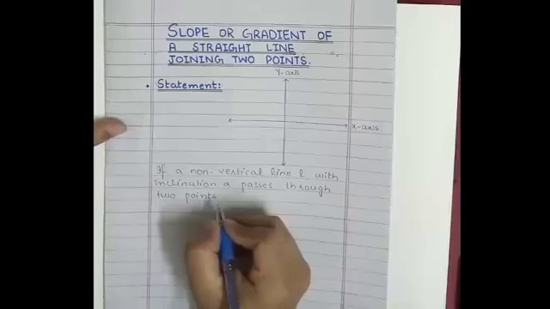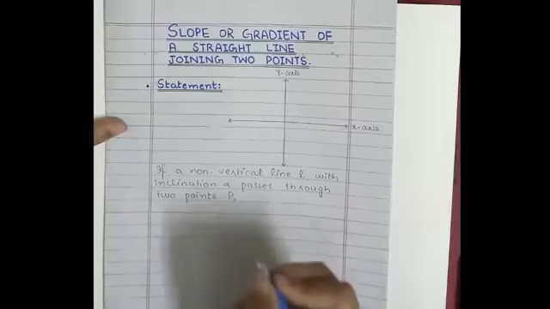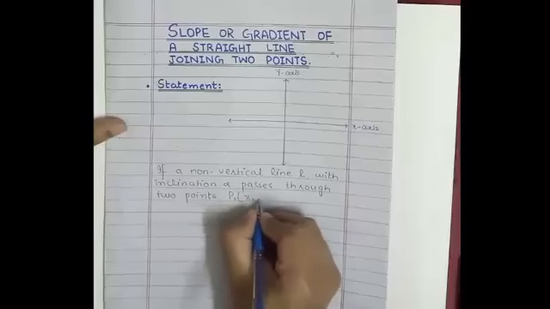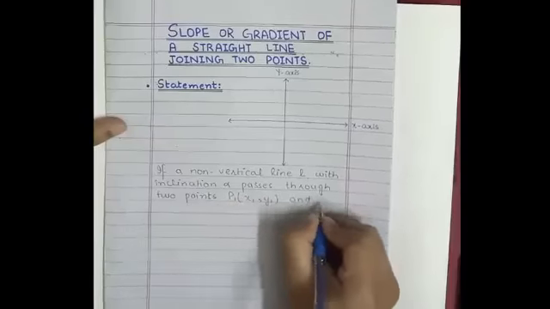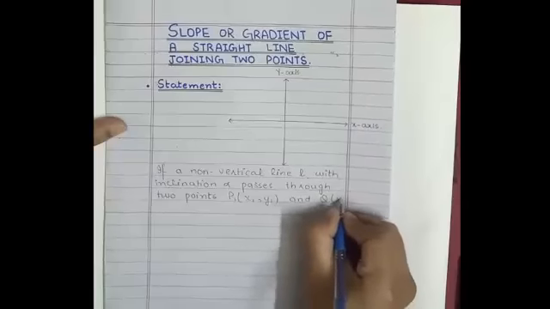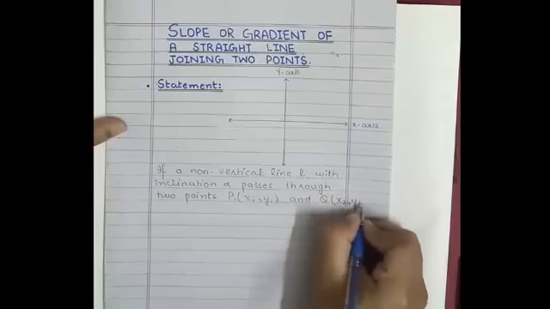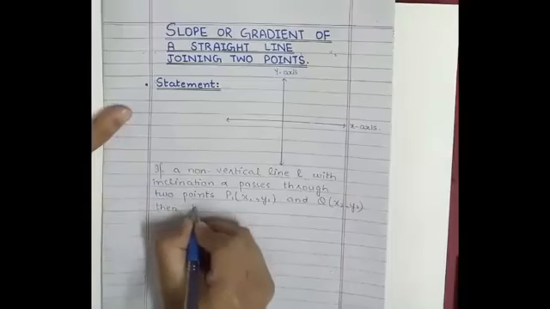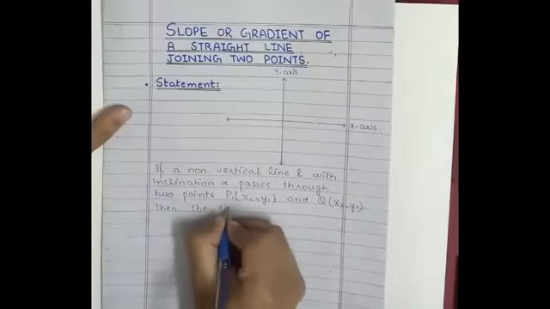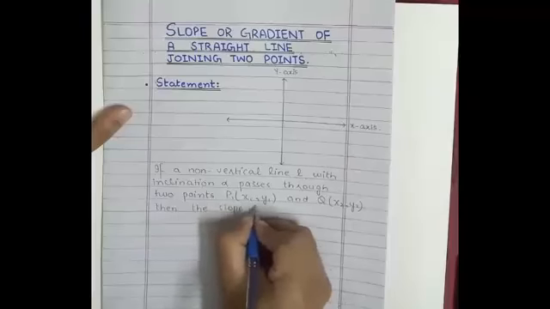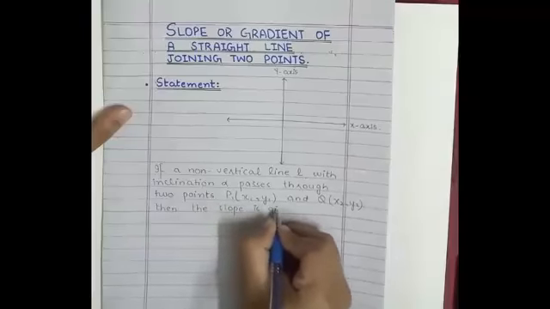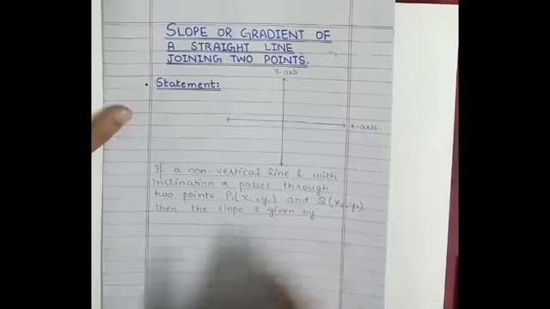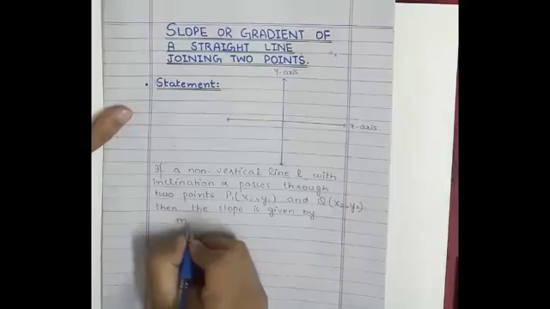Suppose the points are P and Q and the coordinates of P are x1, y1 and the coordinates of Q are x2, y2. Then the slope is given by, we represent slope as m.